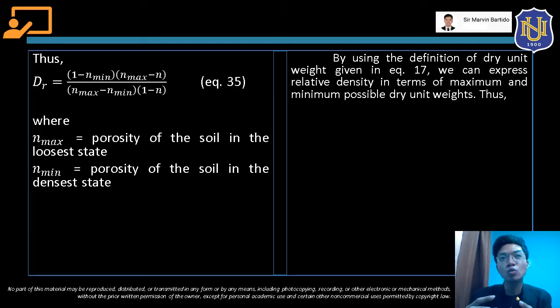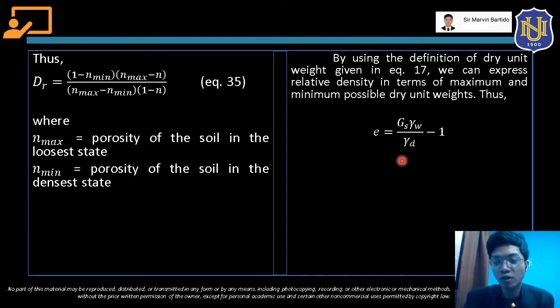So if you are going to solve for E, when we manipulate it, this is the result. So E is equal to G sub S times gamma water over gamma dry minus 1. So this is now our void ratio in terms of gamma dry.